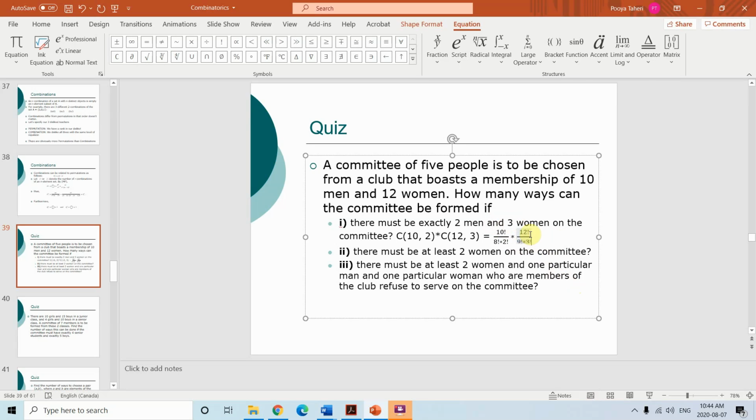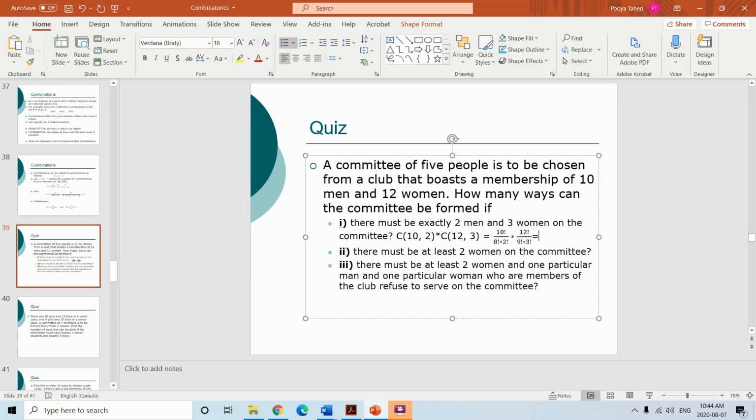Okay, so if I want to find the actual answer, 10 factorial divided by 8 factorial is going to be 90, divided by 2, it's going to be 45, multiplied by 12 factorial divided by 9 factorial, which is 10 times 11 times 12, divided by 6, right?